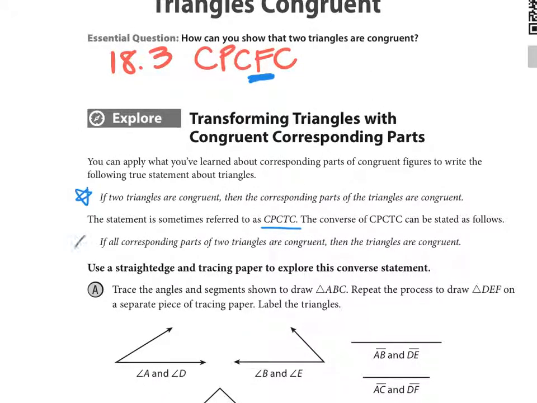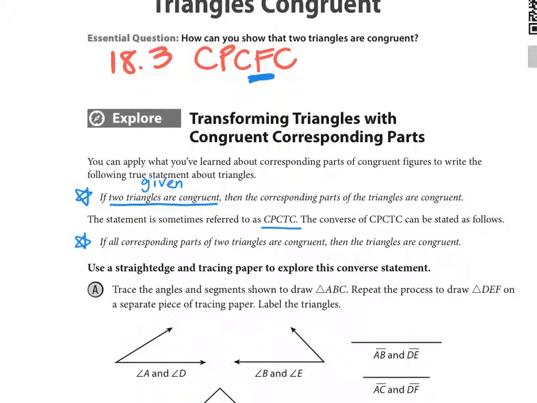Our first statement is, if two triangles are congruent, then the corresponding parts of the triangles are congruent. That means this is the given. If we're given that the two triangles are congruent, then we can conclude that all of the parts are congruent.